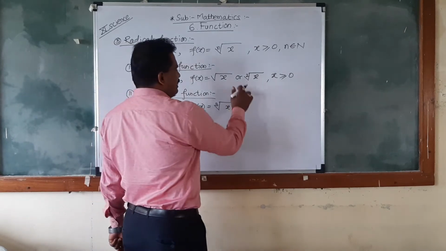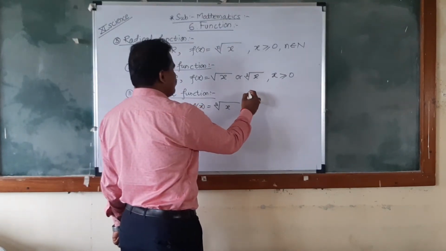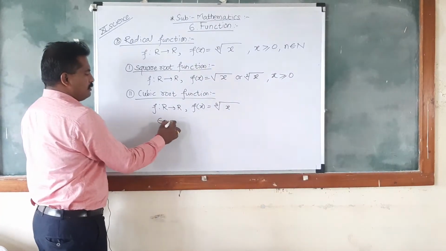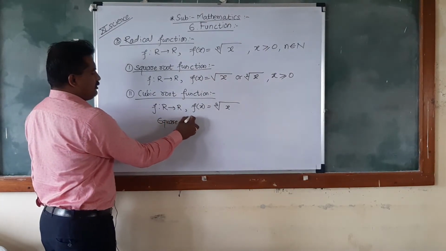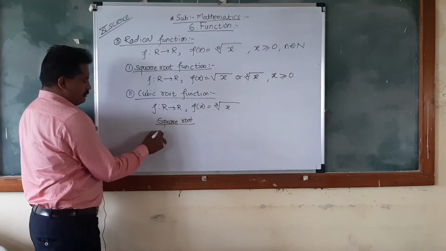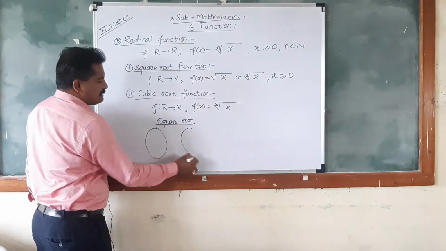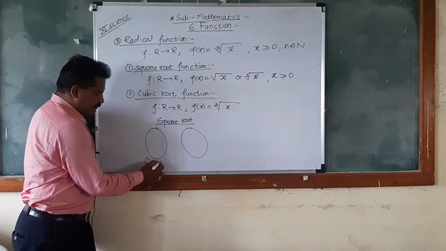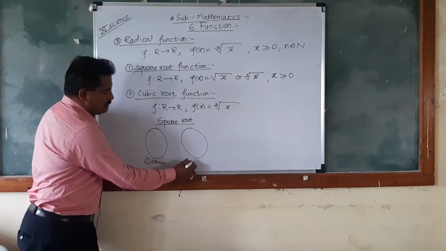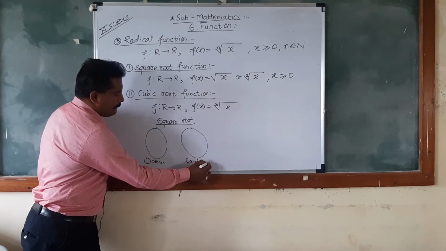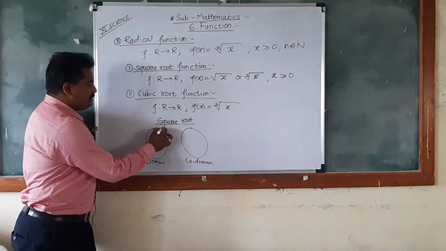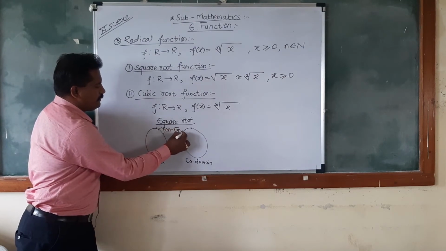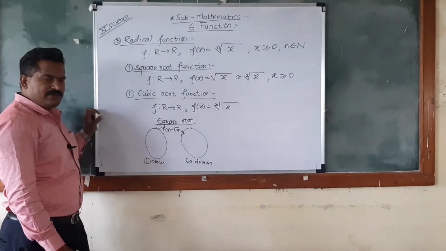To take an example of square root, first is a domain, second is a codomain, and the function is f of x is equal to root x.